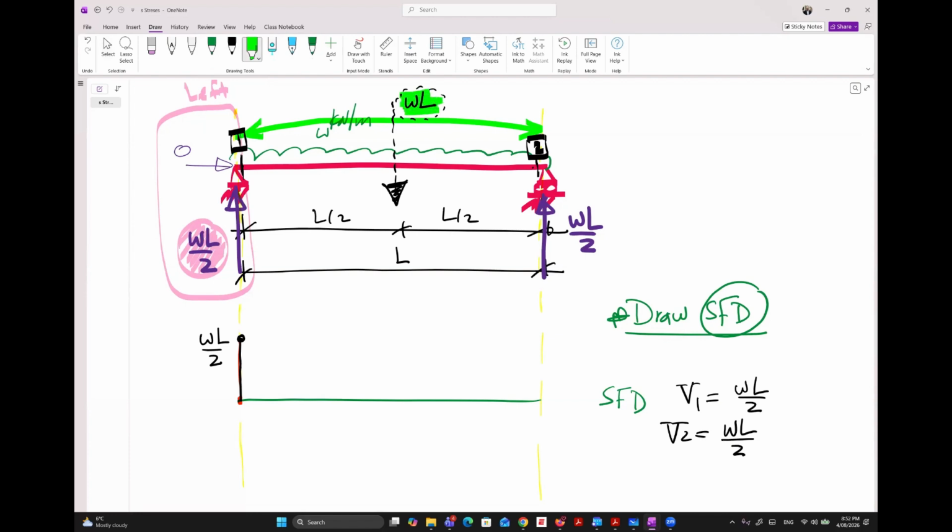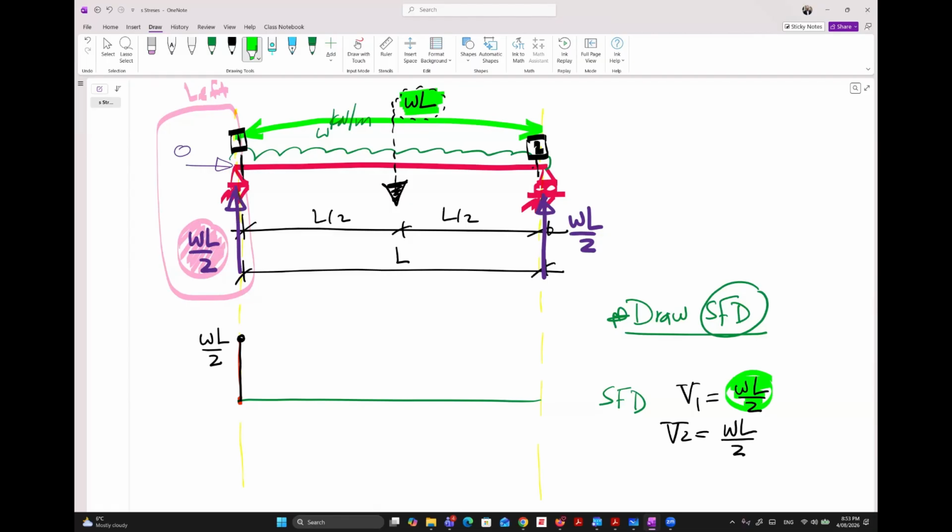This force. Do you have an idea what to do to find V2? WL squared over 8 is not this one, that is the moment. So what is the shear at 1? WL over 2. Is that correct?